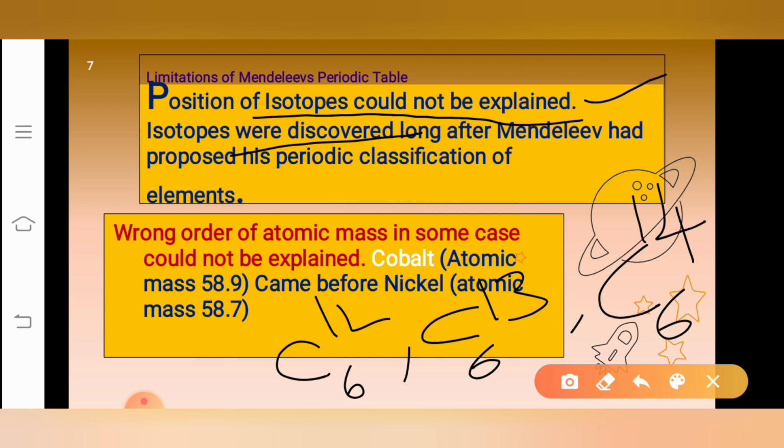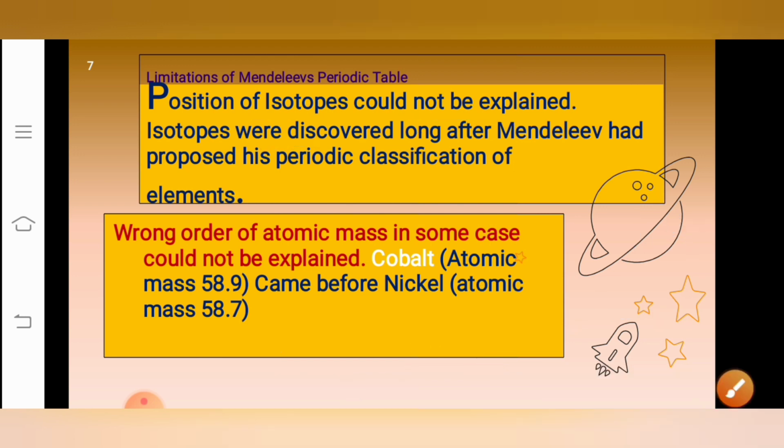Correct? And the next: you can see that the wrong order of atomic mass is also seen in some cases, and that could not be explained. I repeat, the wrong order of atomic masses. As I told you, the elements have to be arranged in the increasing order of atomic mass.